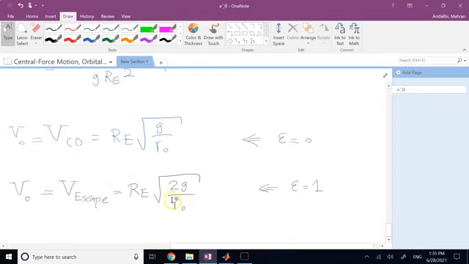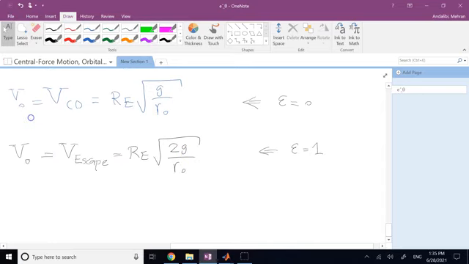If you make R naught the same as RE, so you're launching something from the surface of the Earth, then how much is this number going to be? Let's just give a rough estimate. If R naught equals RE, if you launch something from the surface of the Earth, then this escape velocity is going to be square root of 2GRE.